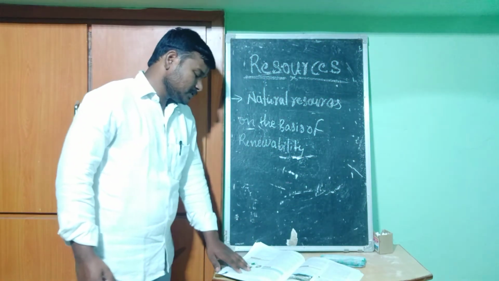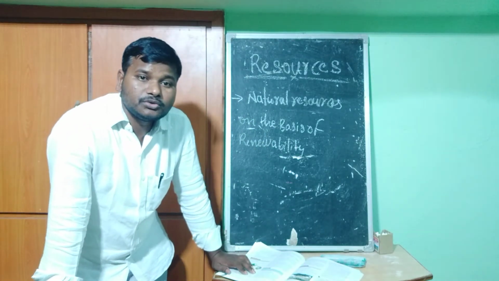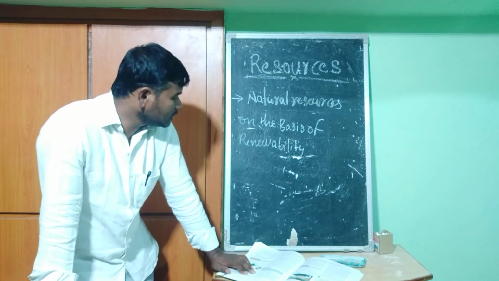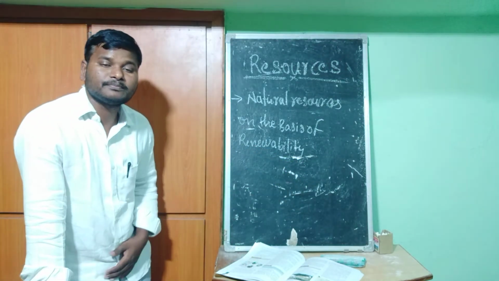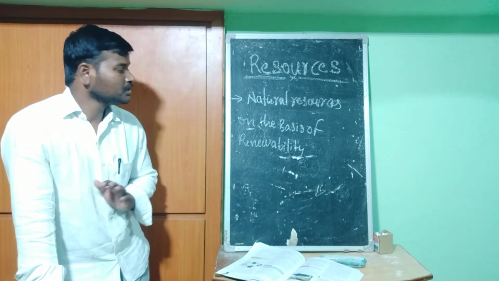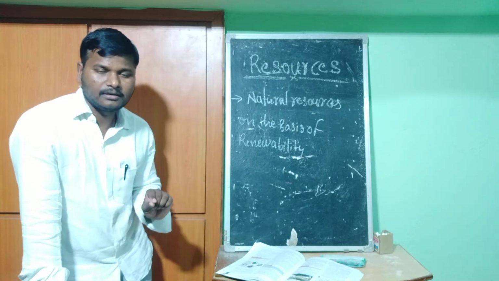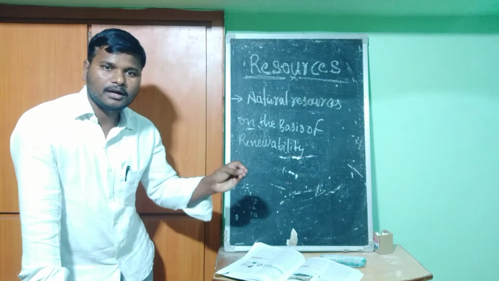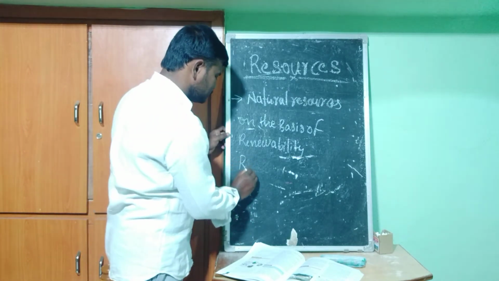On the basis of renewability, the resources are named by renewability. Renewability means what? It will come again. So on the basis of renewability, the resources are classified as renewable and non-renewable.